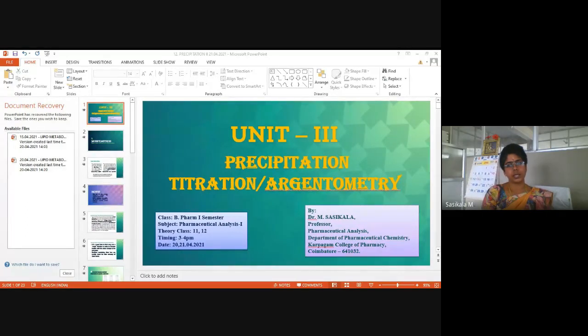What is the titrate? What analyte will we analyze? Already gave answer on that. It is chloride ion. The titrant is silver nitrate. What is the indicator used in Morse method?